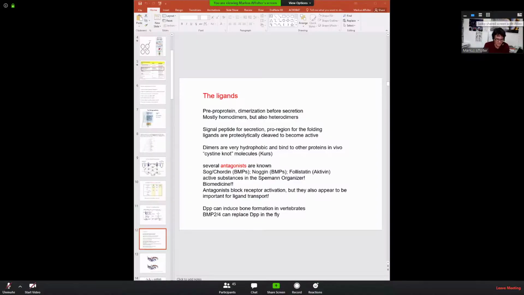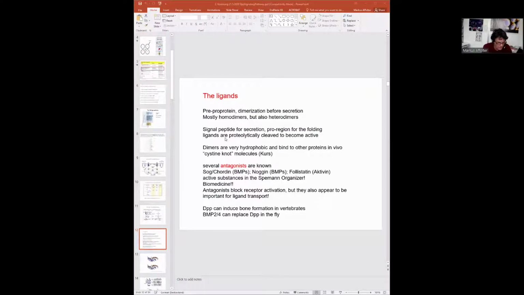The pro domain, which helps it to fold, is sort of a ligand. It's also often secreted in TGF-beta. It's always associated with it, unless in the plasma of our blood, TGF-beta needs to be activated, and then the prodomain leaves and the ligand is freed. In Drosophila, we don't know that much about it yet.